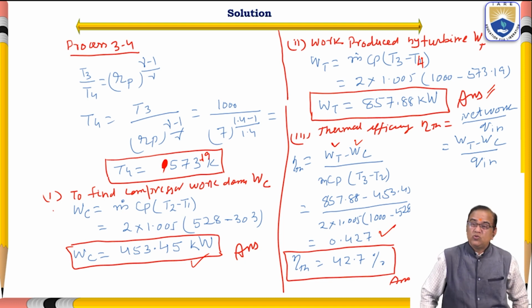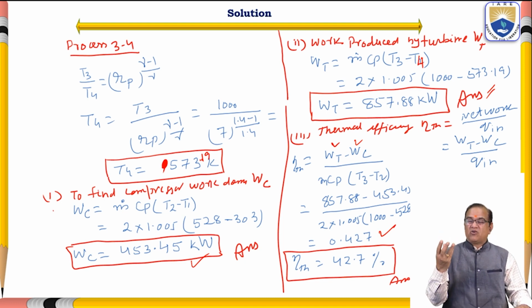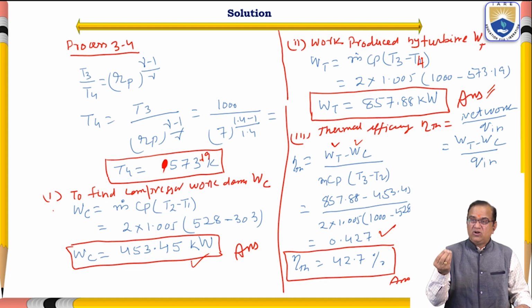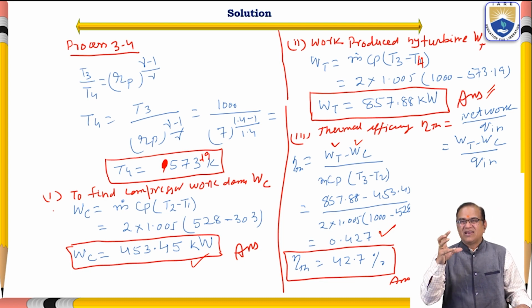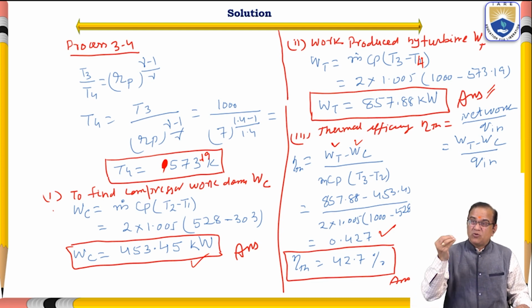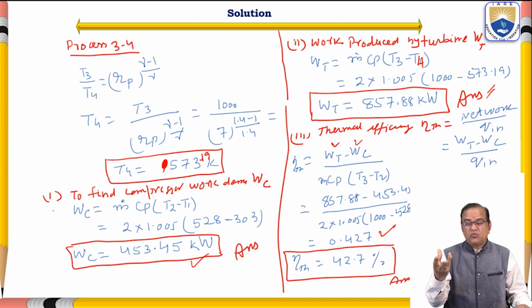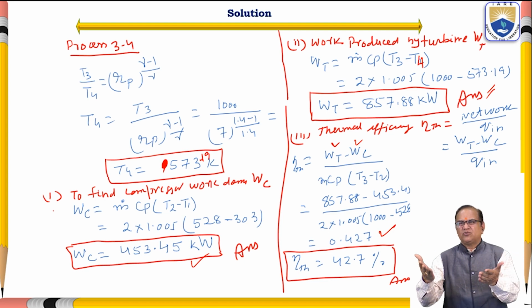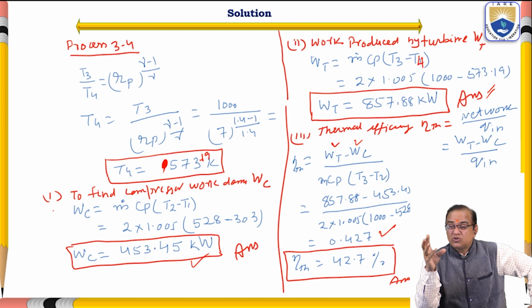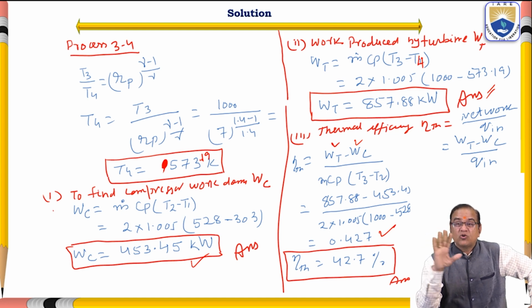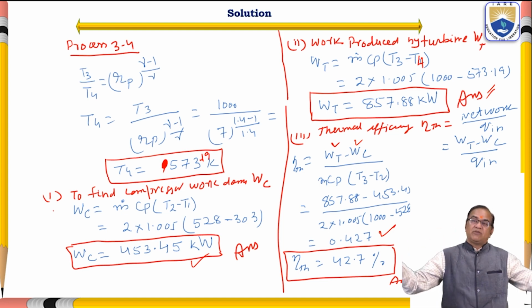It means if you spend 1 liter of petrol or any fuel, you will get only 42% of the real energy the petrol is exhibiting. Suppose 100 joule, actually you are getting 42.7 joule. But in the real scene, you may get 30, 32, 33, 34, 35%. So that much, 60 to 65% of your petrol is going waste, which is in the atmosphere.